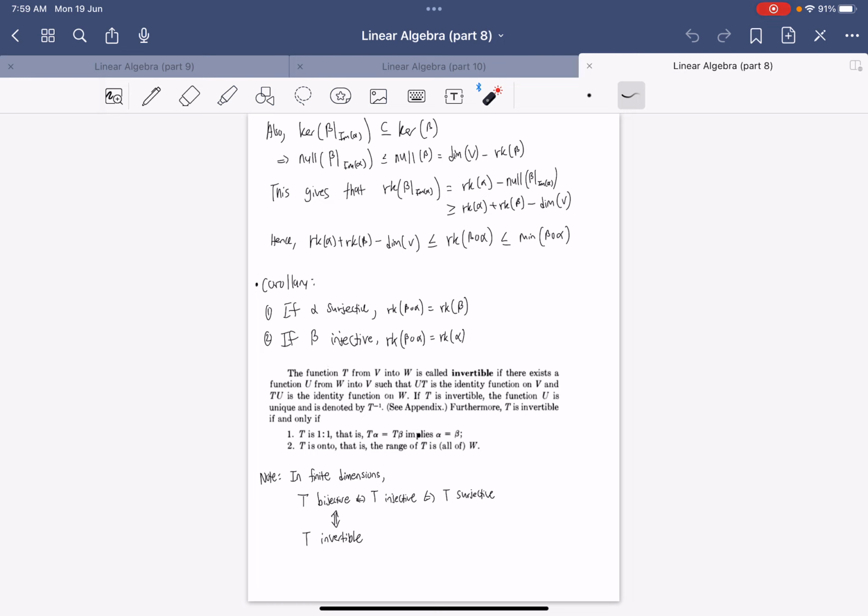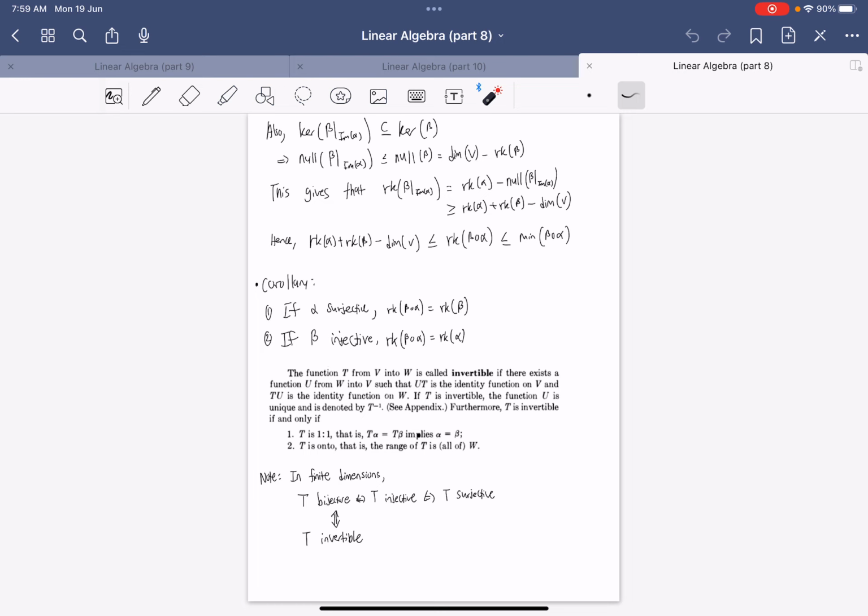In the last part of this video, we'll talk about invertibility, and that really comes down to saying that a function is invertible if you can find an inverse. And what is this inverse? Well, when we studied functions, composing from the left or from the right results back in the identity function. So if T is invertible, then this inverse will also be unique, from what we know from functions.